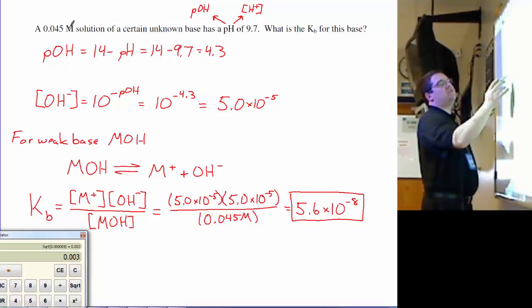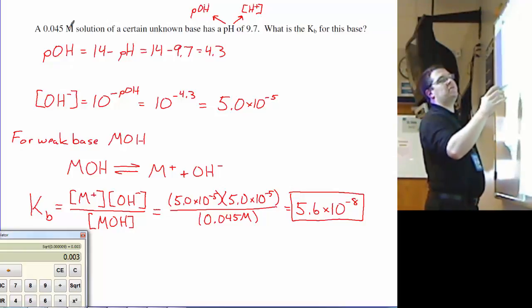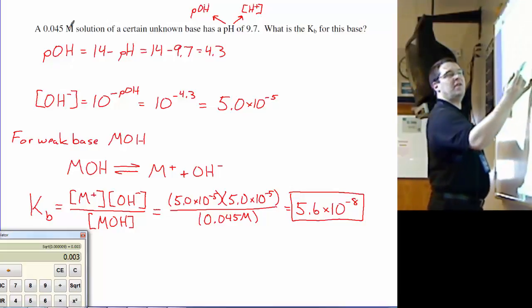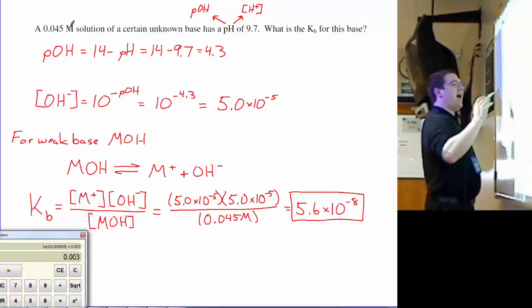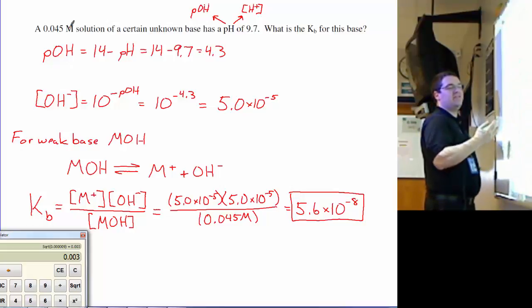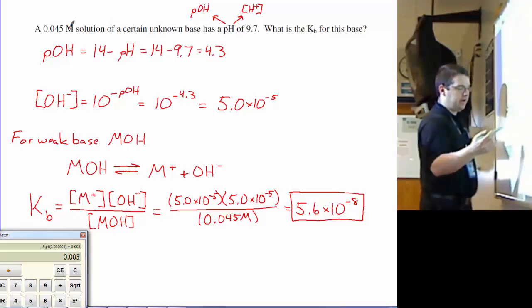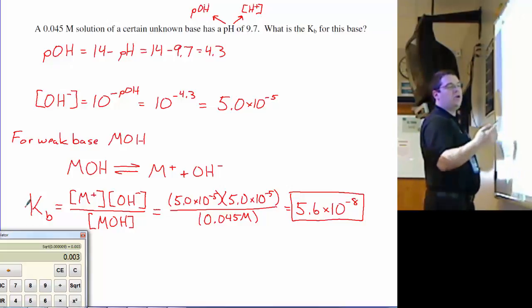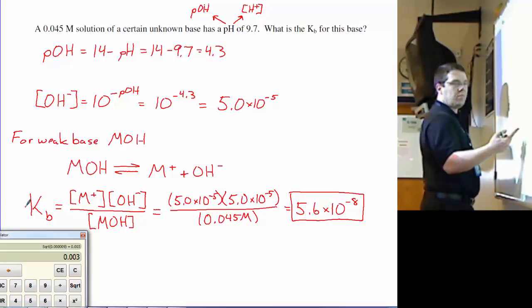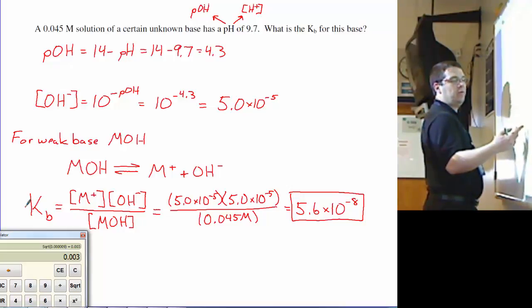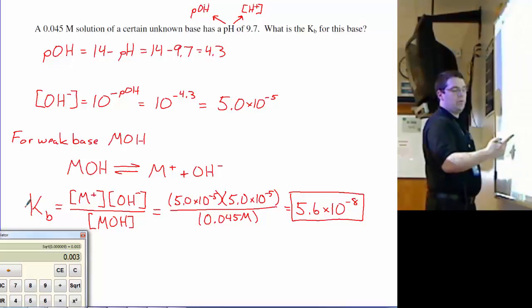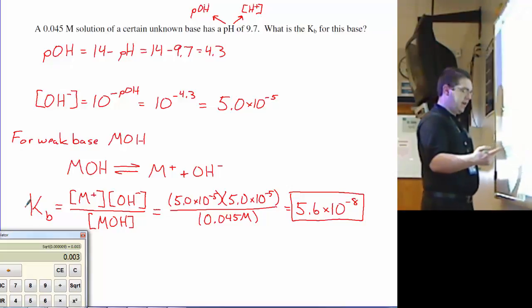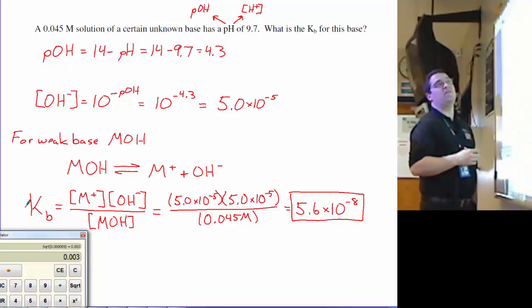Finding the hydroxide ion concentration, we take 10 to the negative pOH, so that's going to give us 5.0 times 10 to the minus fifth. And now that we have that, if we assume that our weak base just has the generic formula MOH, we're going to get the metal for the cation and then hydroxide ion, so your Kb expression would be as we see here, a 1-to-1 ratio. So we're going to assume that we have 5.0 times 10 to the minus fifth for the concentration of both the metal ion and the hydroxide ion, divided by the weak base concentration, 0.045, and that should give us 5.6 times 10 to the minus eighth.